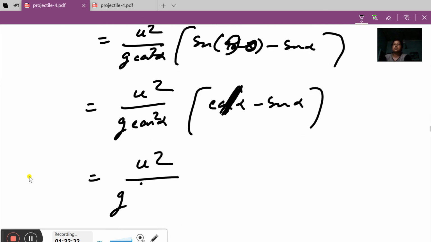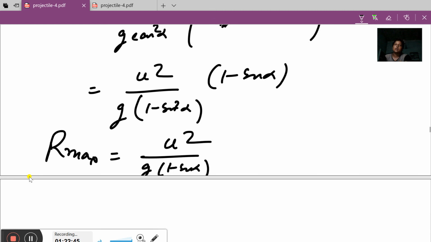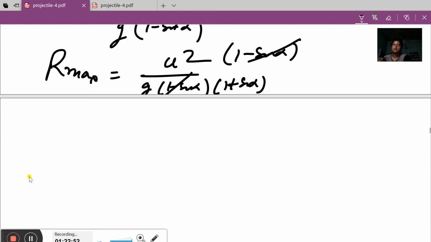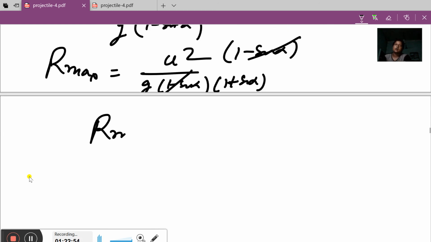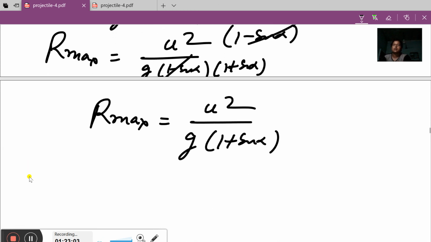So u square over g cos square alpha is u square over g times 1 minus sin square alpha, that is 1 minus sin alpha times 1 plus sin alpha. 1 minus sin alpha gets cancelled. R maxima is u square over g into 1 plus sin alpha. This is R maxima.